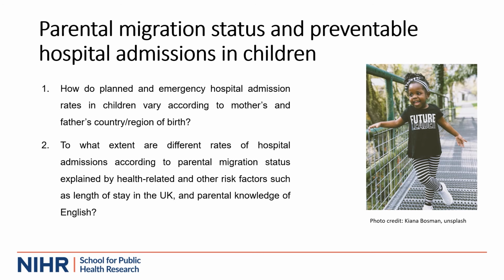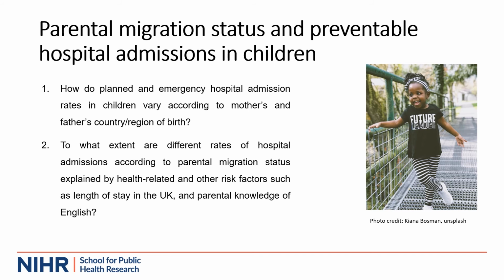What we're doing now is looking at parental migration status and preventable hospital admissions in children. Here we are looking to use that English national birth cohort that I told you about that's been linked to 2011 census data.